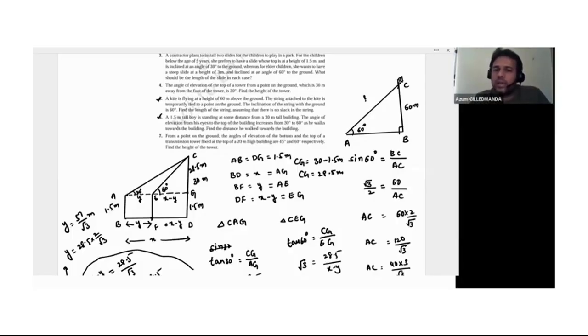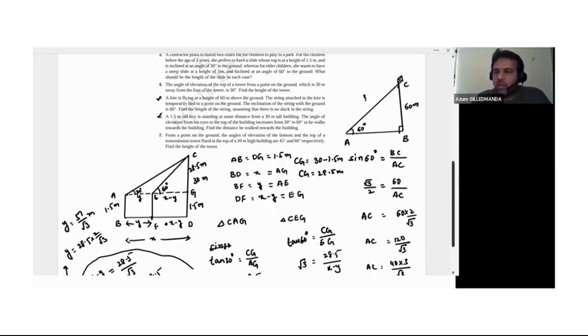So here the key is drawing the diagram, identifying the right angle triangles, and then applying the appropriate trigonometric ratio. And you also need to know the values of trigonometric angles. How much is sine 30, tan 30, all that stuff, right? So that's how we can solve these problems.